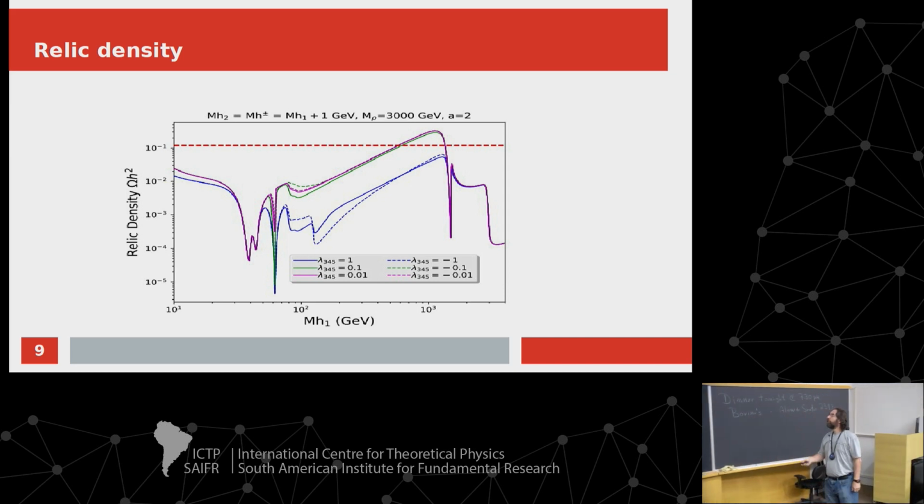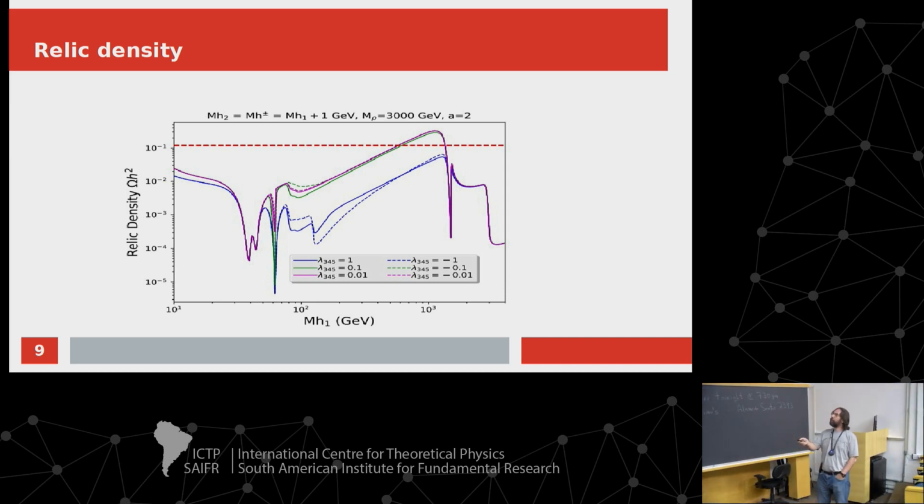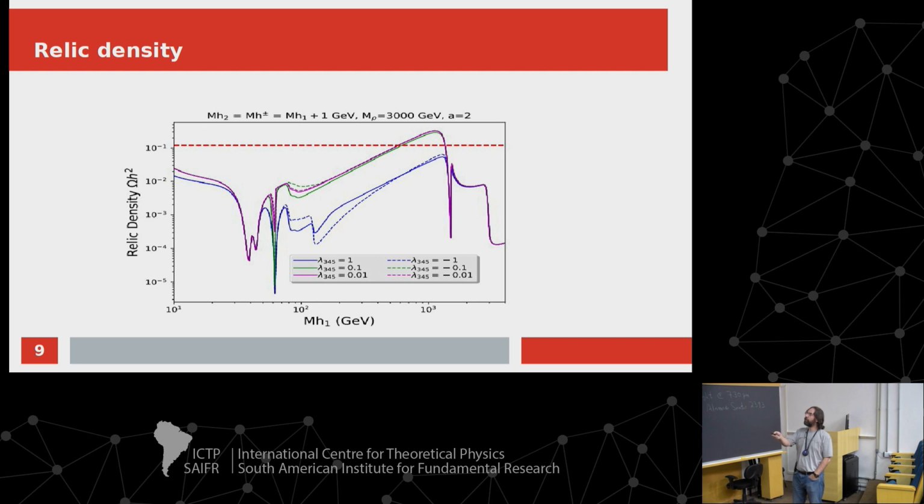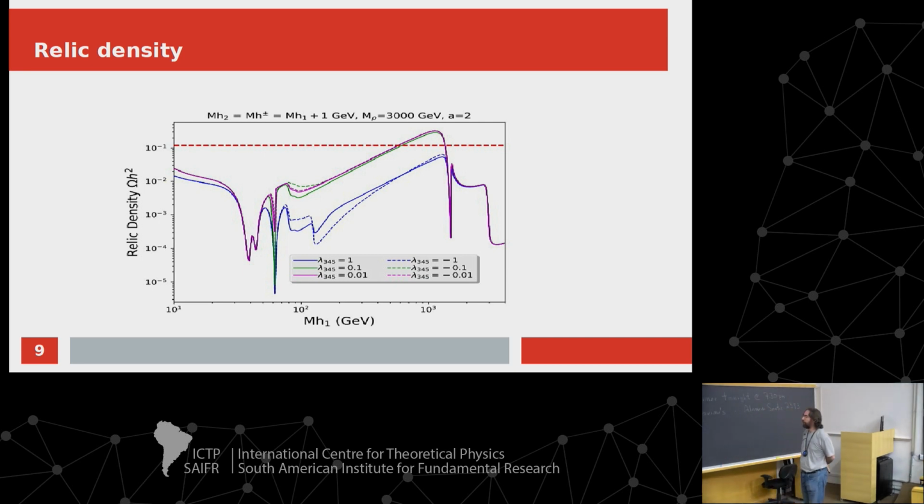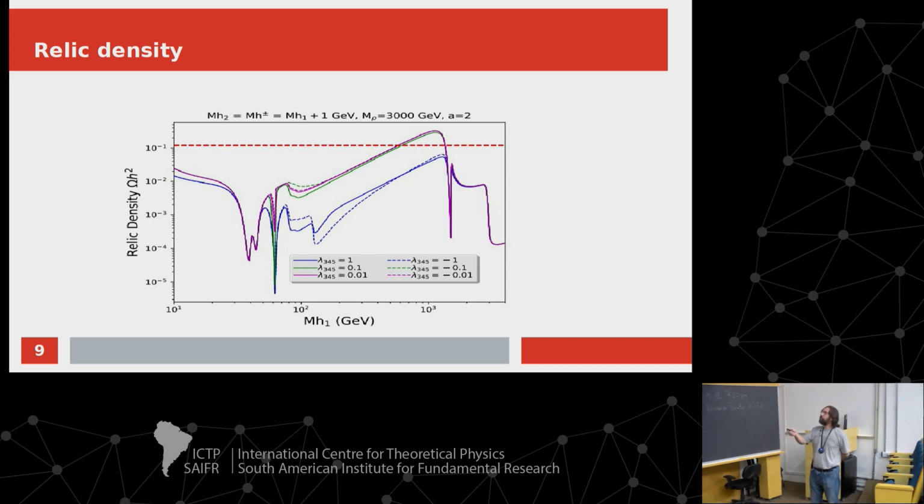Okay. So in the low mass regime, the results are identical to the inert doublet model, but in the large dark matter mass regime, there is a big change.